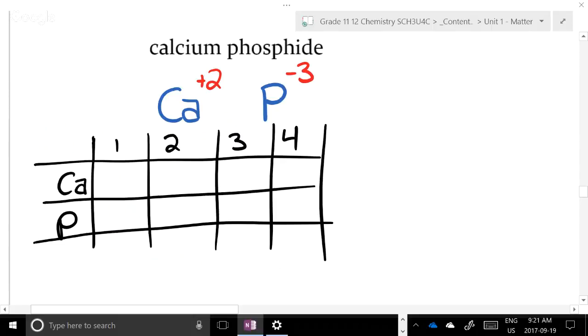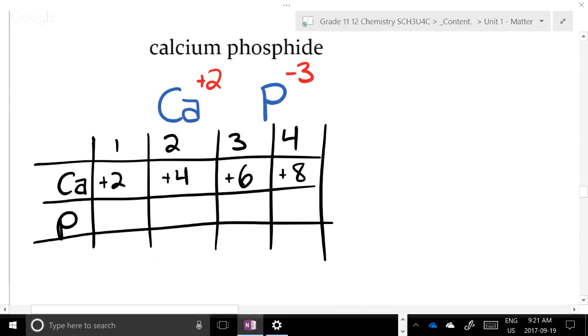If I had 1 calcium, what would the positive charge be? Each calcium has a charge of +2, so if I had just 1 of them, its charge should be positive 2. If I had 2 of them, its charge would be positive 4. If I have 3 of them, its charge would be positive 6, and if I had 4 of them, positive 8. Does that make sense?